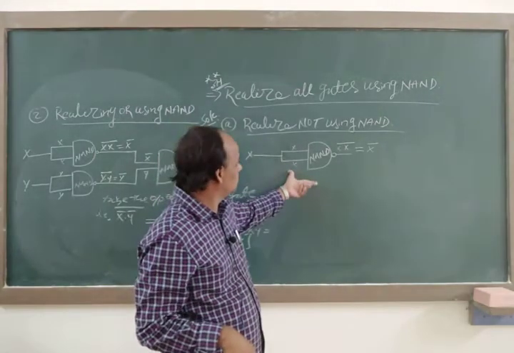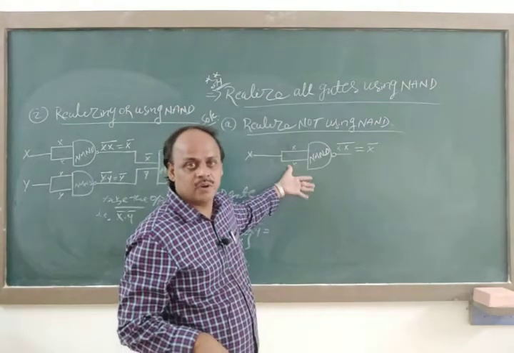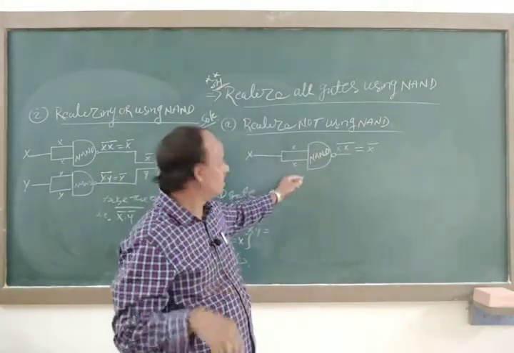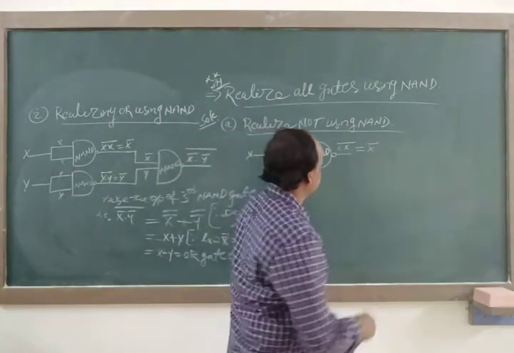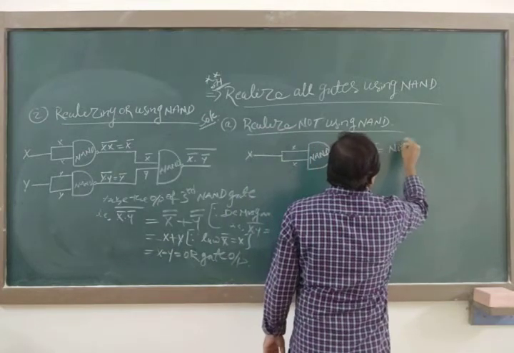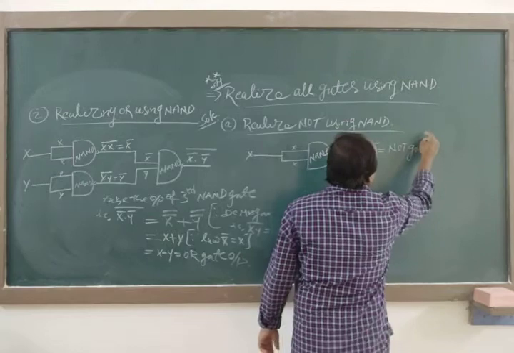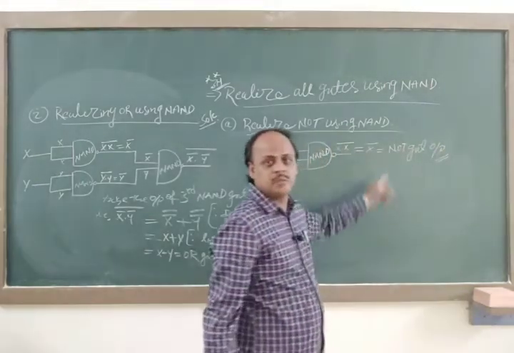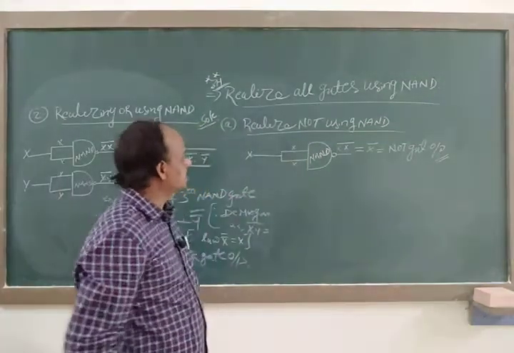For this NOT, no simplification is needed. With the help of only one NAND gate, we are getting the result as x bar, which will be equal to the NOT gate output.